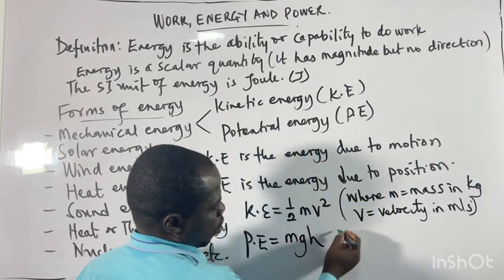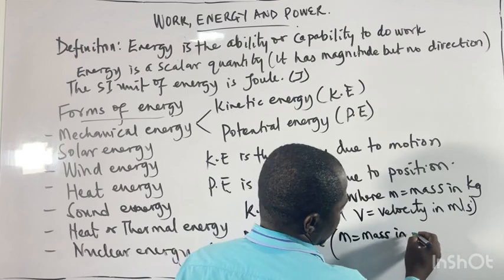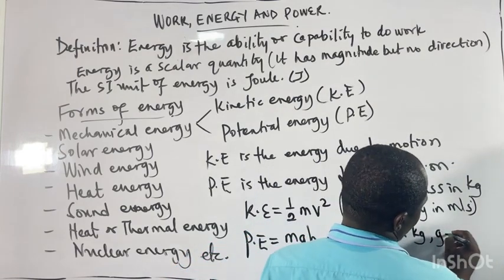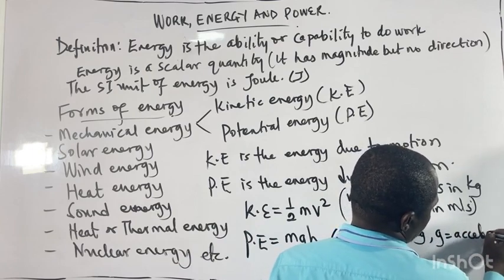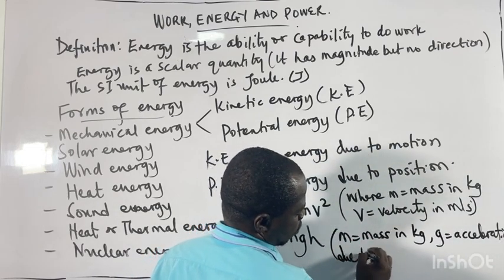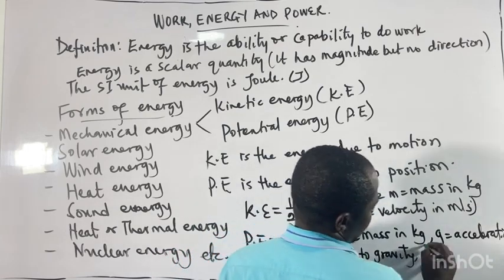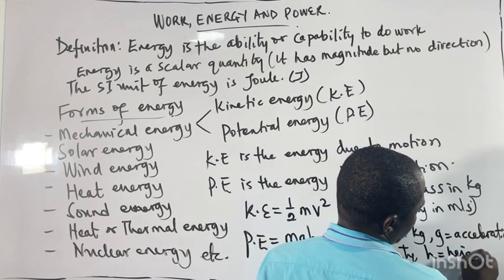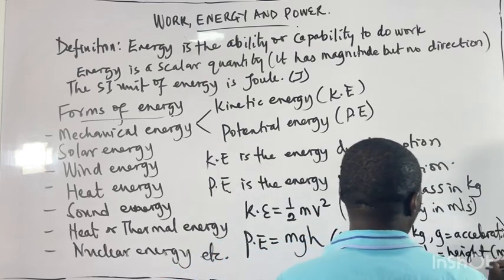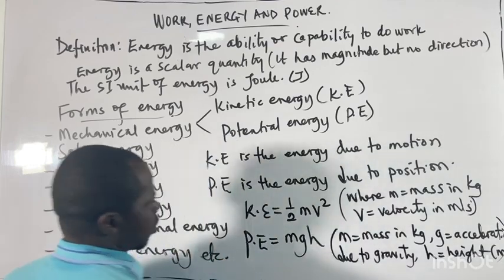And the same thing here, m equals mass in kilogram, g equals acceleration due to gravity, and h is equal to the height in meters.